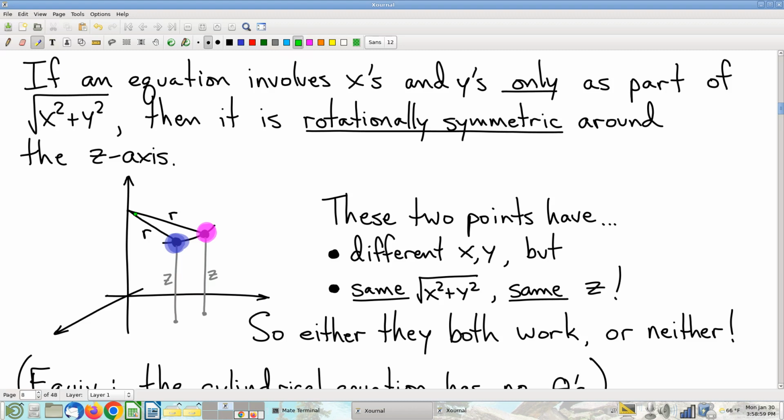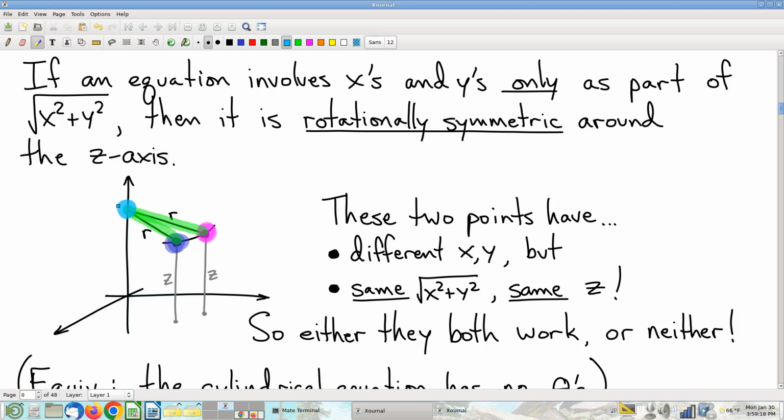Even though they're different points, because I've rotated the dark blue point around the z-axis, the distance from the z-axis is the same for both of these points. Right? And the z-coordinate is the same for both of these points.